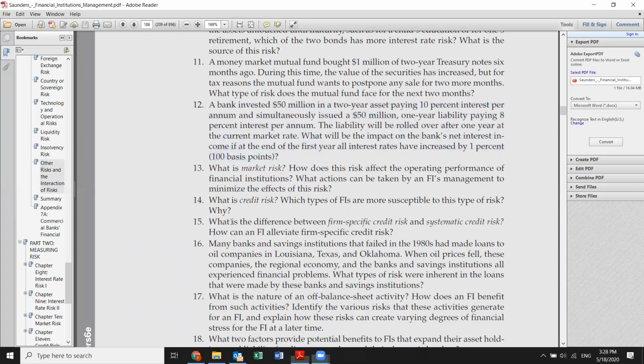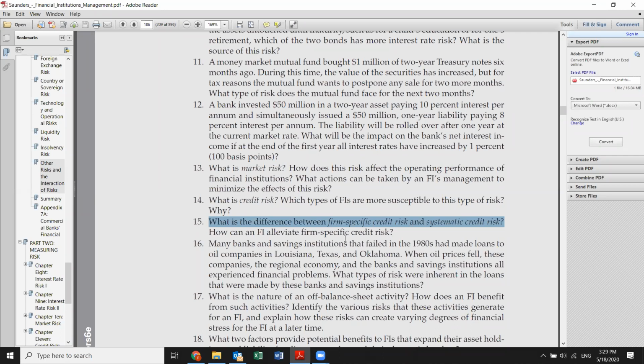So there is another question: what is the difference between firm-specific credit risk and systematic credit risk, and how can a financial institution alleviate the firm-specific credit risk? Firm-specific credit risk refers to the likelihood that a single asset may deteriorate in quality, while systematic credit risk involves macroeconomic factors that are not controlled by the financial institution, that may increase the default risk of all financial institutions in the whole economy.